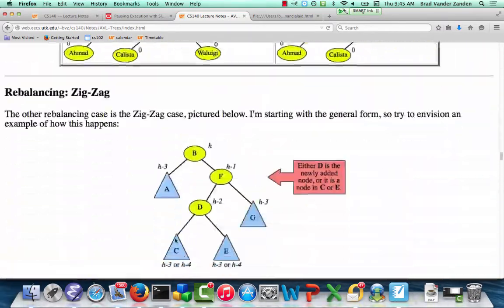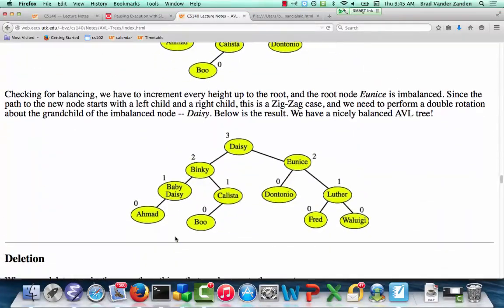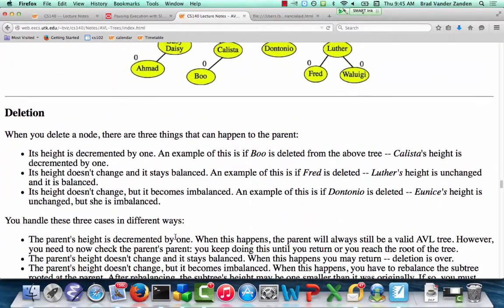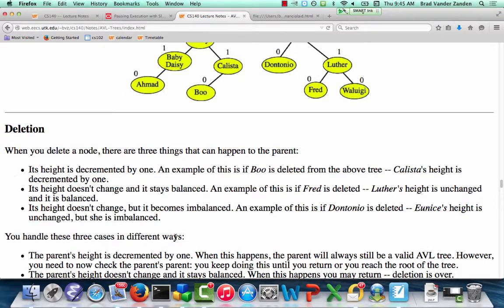And if you'll remember, I gave you a quick introduction to deletion last time, which is that you start it just the way you do with a binary search tree. So you have the 3 cases where it's a leaf, or it has 1 child, or it has 2 children, and you perform the deletion in the exact same manner as you do with a binary search tree.